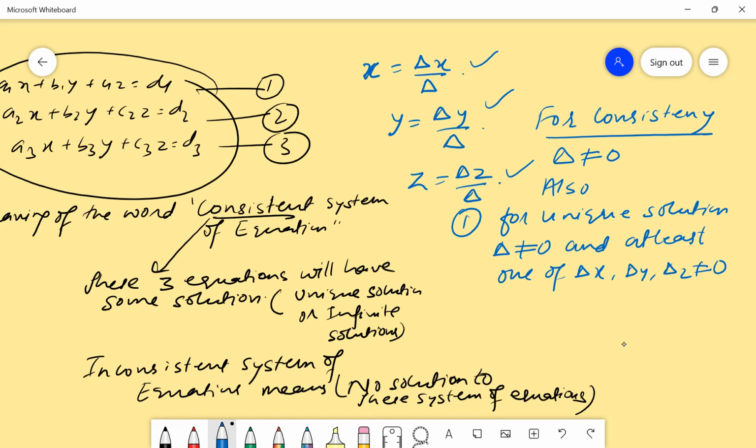And one more thing you should note, the 0, 0, 0 solution should be taken as trivial solution.